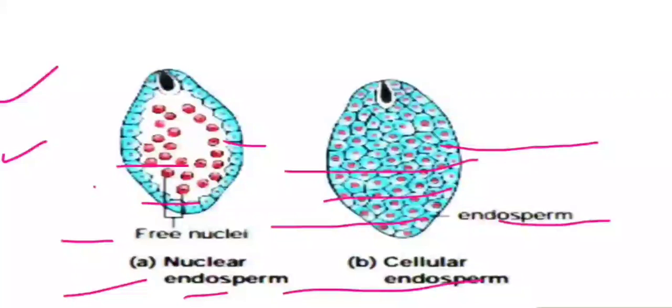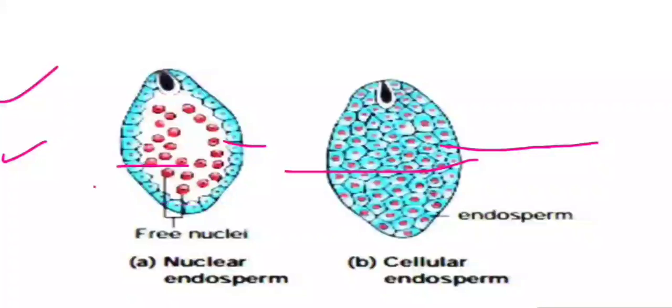Here in this diagram, cellular and free nuclear endosperm is shown with the help of an image. The image shows the nuclear endosperm, many nuclei can be seen here, and this is then replaced by the cellular endosperm by the formation of cell walls around the nuclei.